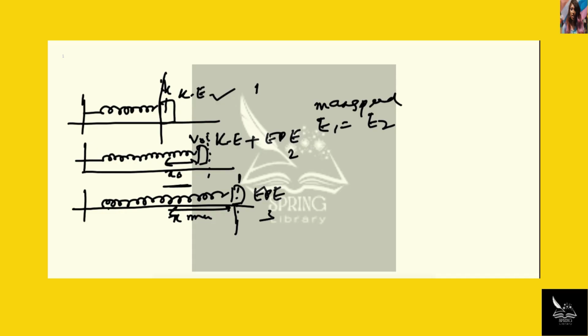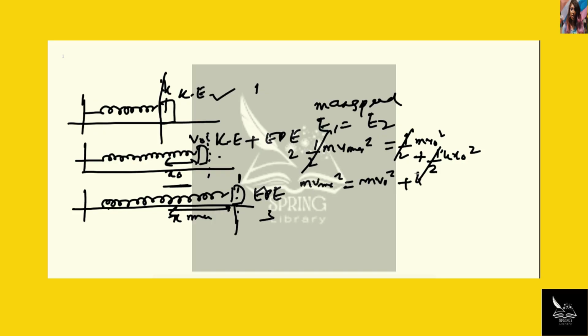So energy 1 is the kinetic energy, which is equal to half m v max squared. And energy 2, the energy at this location, is equal to half m v naught squared plus half k x naught squared. If you solve that, half and half cancel from all the sides, and we are left with m v max squared equals m v naught squared plus k x naught squared.